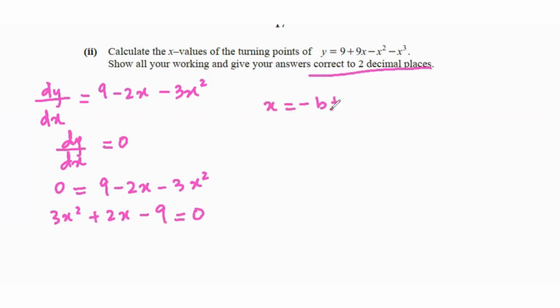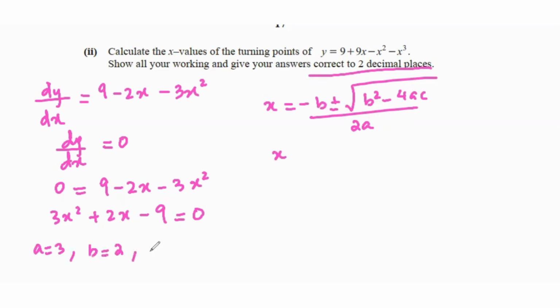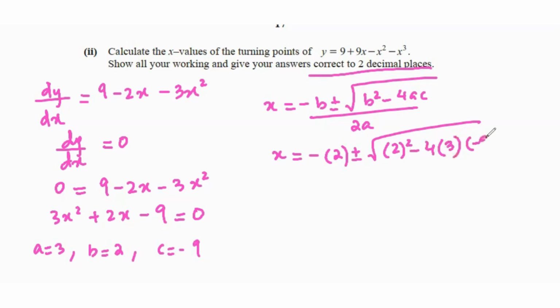Negative b plus minus square root of b squared minus 4ac over 2a. A is 3, b is 2, and c is negative 9. So minus 2 plus minus square root of 2 squared minus 4 times 3 times negative 9, divided by 2 times 3.